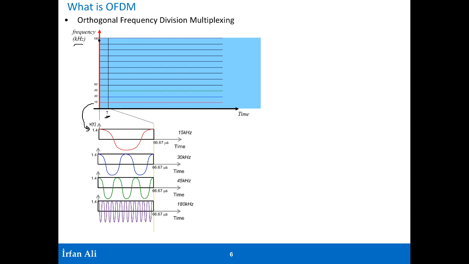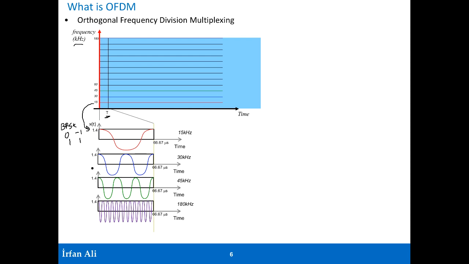At the moment we'll restrict ourselves to 180 kilohertz, and on each one of these, assume that you're doing some kind of 1-bit encoding, which can also be called BPSK. So when you have a 0, you multiply the signal with -1, and when you have a bit 1, you multiply the signal with 1.